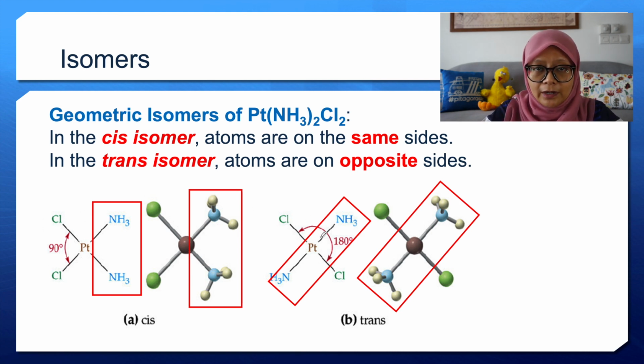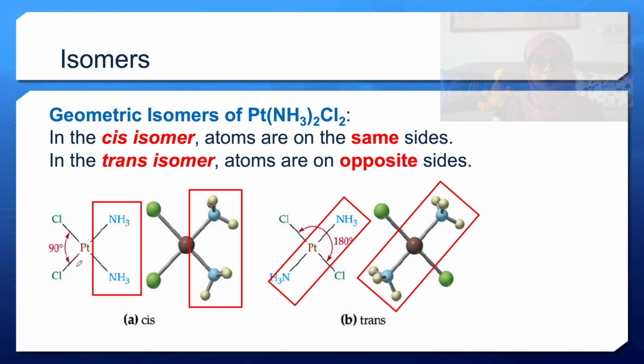And then for the trans, we have ligands that are on the opposite sides. For example, here we have amine or ammonia at the opposite side, and the chloride also on the opposite side. So if we have the same side, this is cis. If you have ligands at the opposite sides, we call them trans isomers.